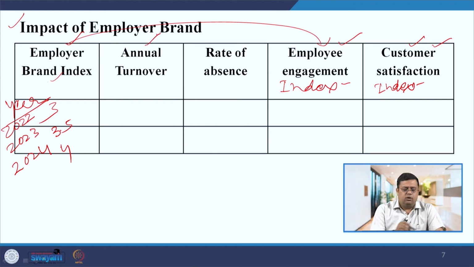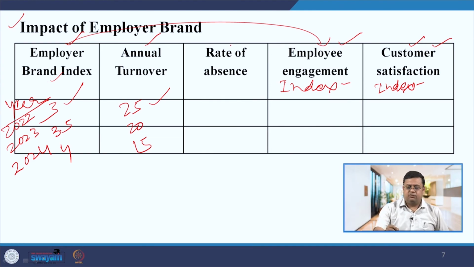And what is the annual turnover? So, that attrition rate, what is the attrition rate? Let us assume here it was 25, then it became 20 and 15. So, here we can say that employer brand is becoming strong and annual turnover is decreasing. So, this is the pattern that you can see.